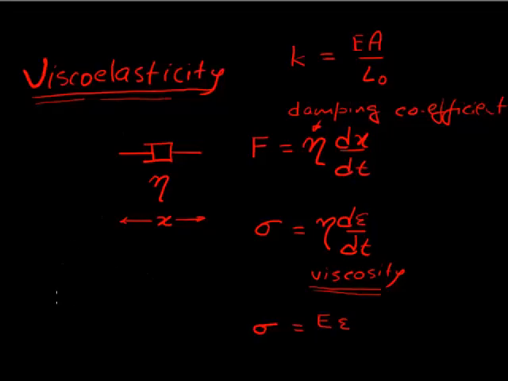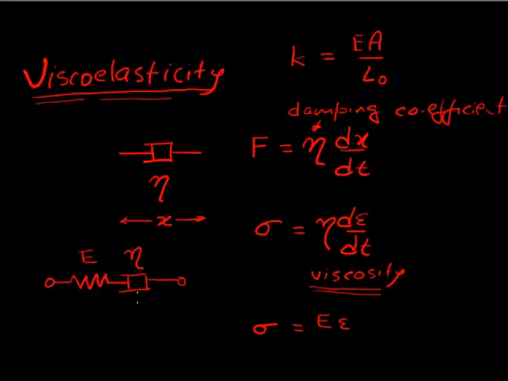So one way to combine them simply, called the Maxwell solid, is to have the elastic modulus and the viscosity in combination in series. So you can get a solid where you can try to fit the data for stress and strain into this kind of model.